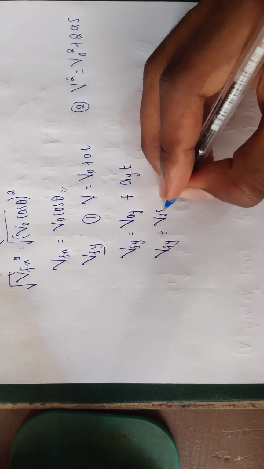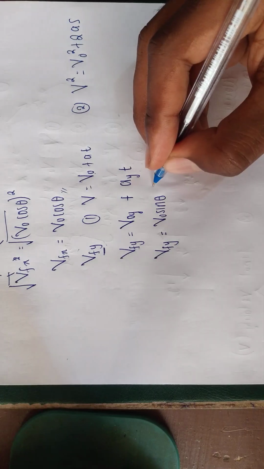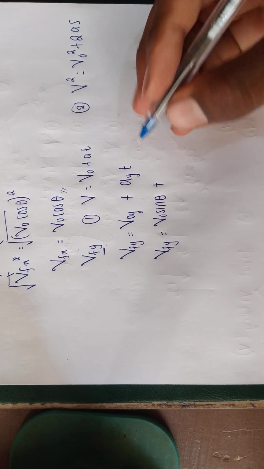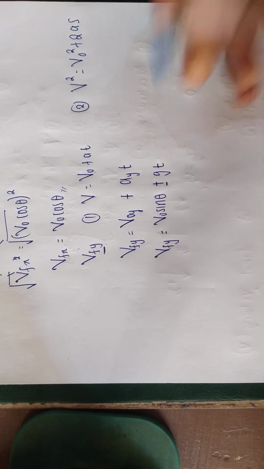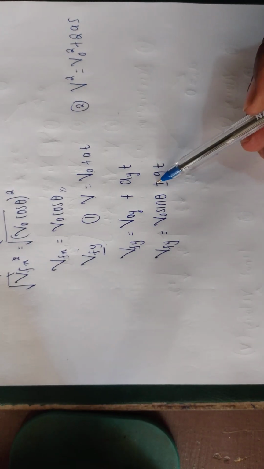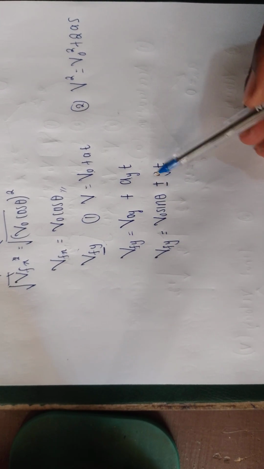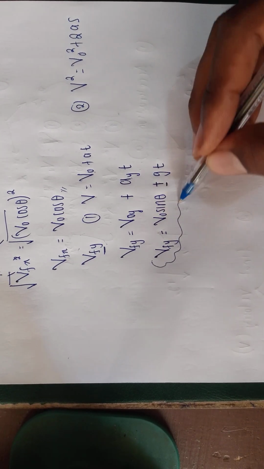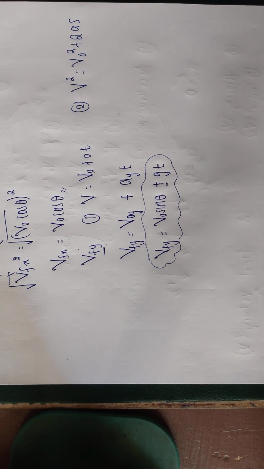We said it's v0 sine theta plus, what is the acceleration in the y? We said plus or minus g. So I'll just say plus or minus g t. Meaning when the body is opposing gravity, you just get the negative. When it's towards gravity, you just get the positive. So this is the formula that you use when calculating the final velocity in the y.